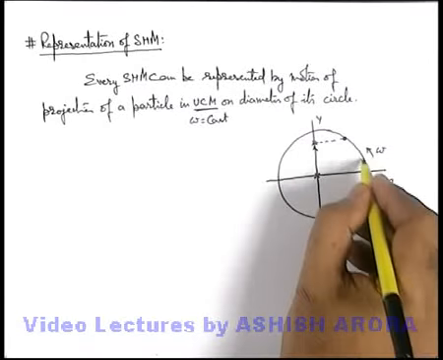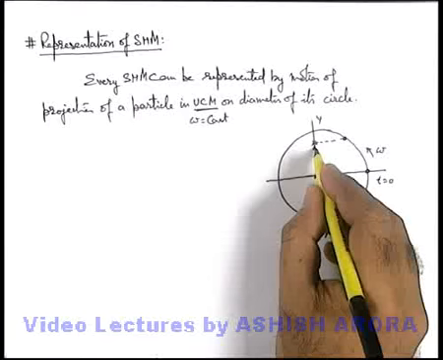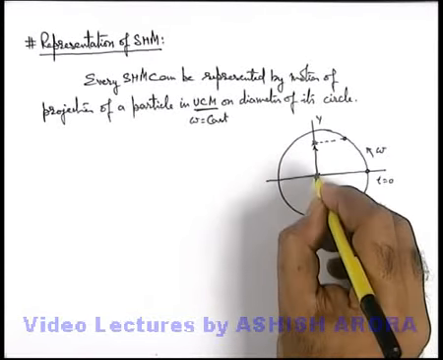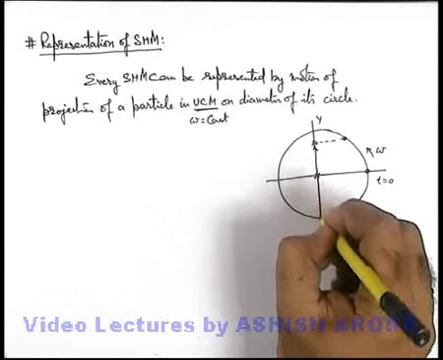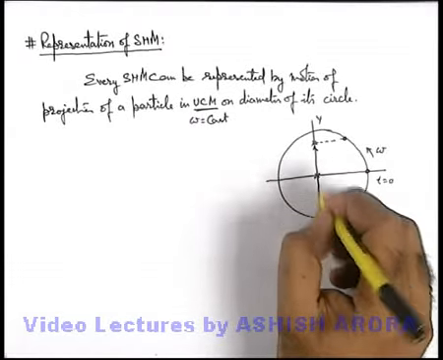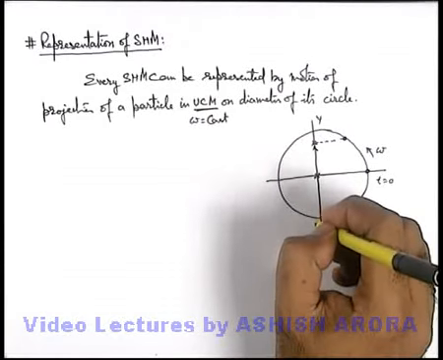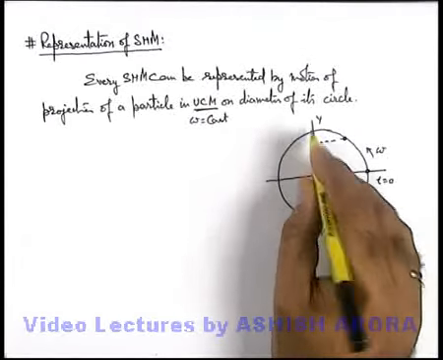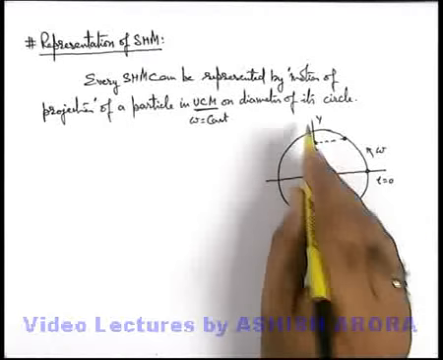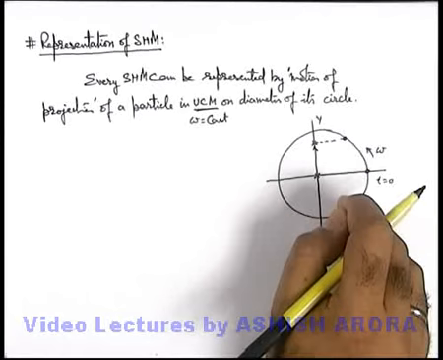Now you can imagine if the particle is moving in the circular path, the projection will first go up, then return, then come down, then move up. So in this motion we can state the particle will be executing oscillations. If in these oscillations the required condition for SHM is satisfied, then we can treat the motion of this projection as SHM, or this motion we use to represent all kinds of SHMs.